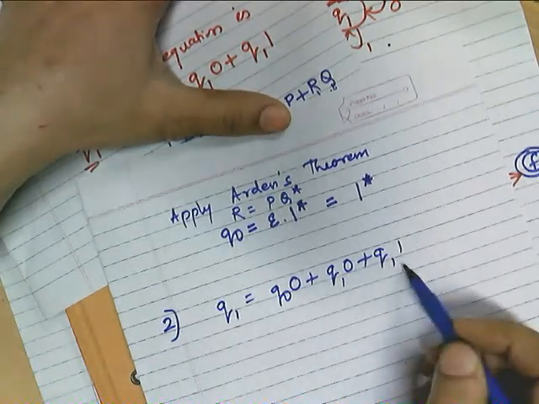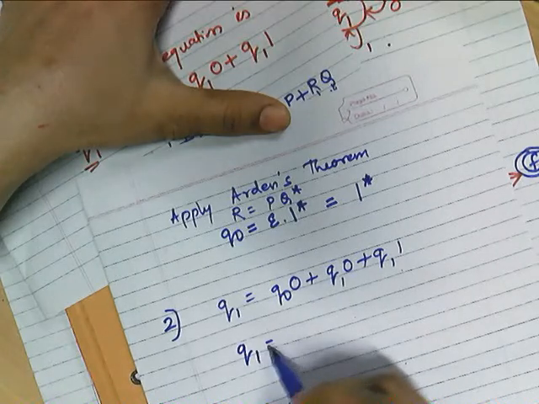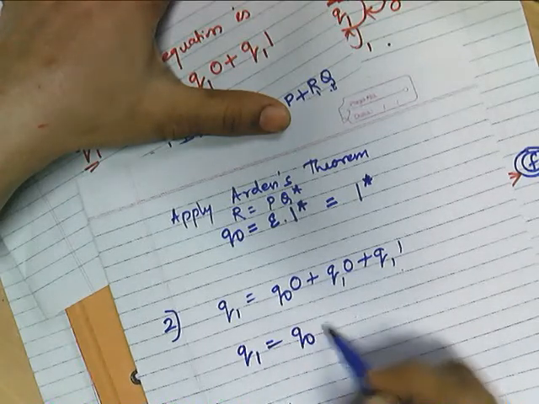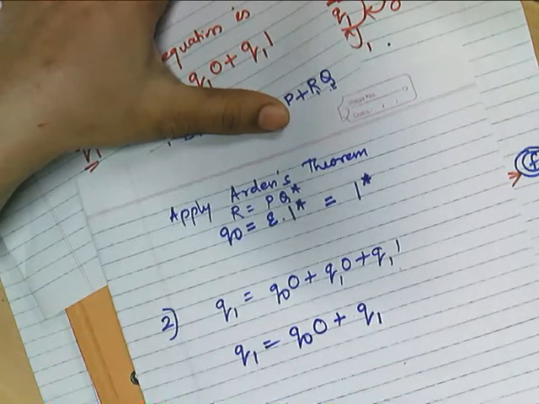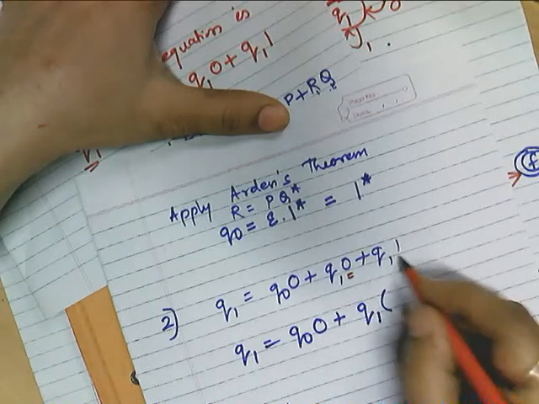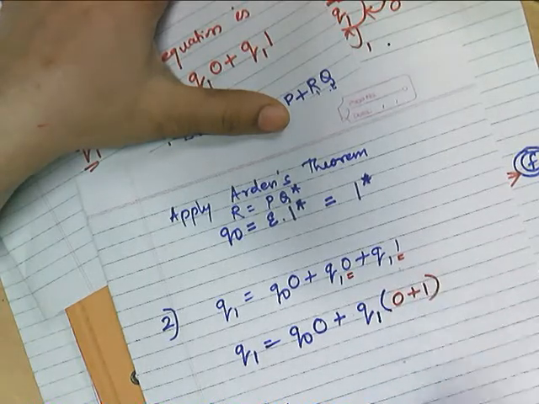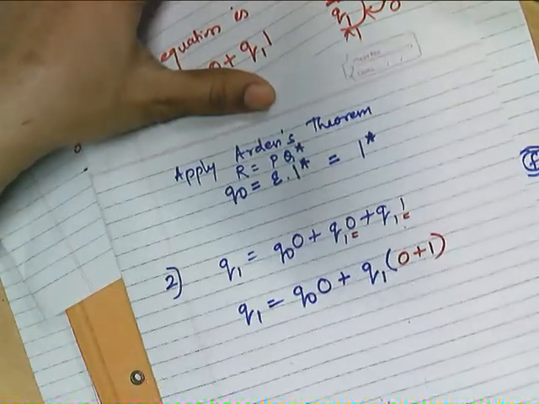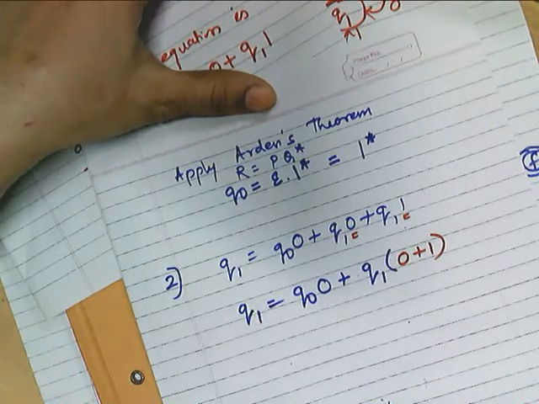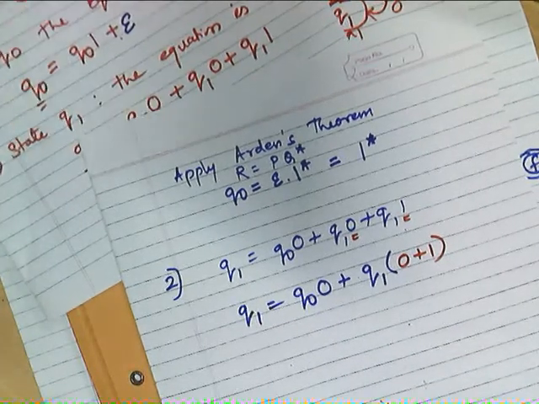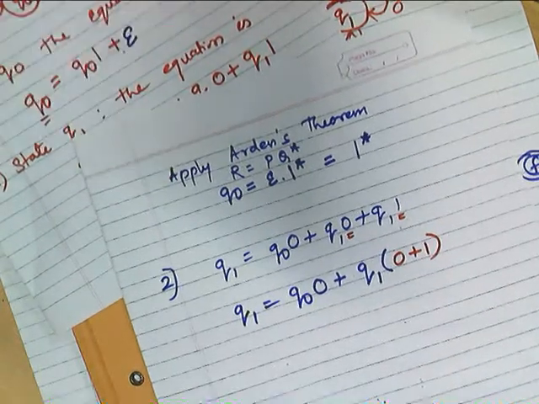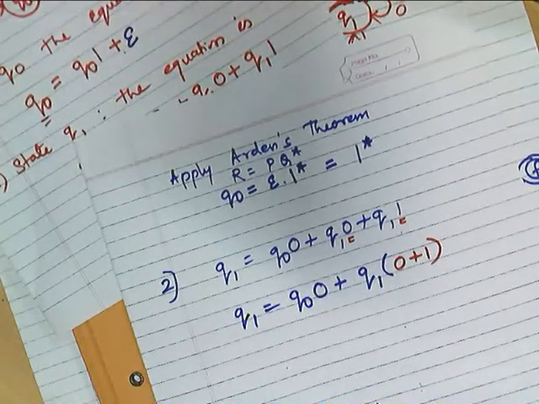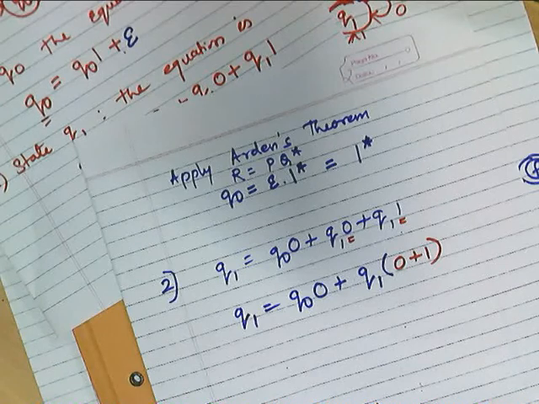So here we can see that after simplification we can get Q0 0 plus, taking Q1 common, I'll be getting here 0 and 1. So 0 plus 1. Right? Now see again, is it having the form of R is equal to P plus RQ?